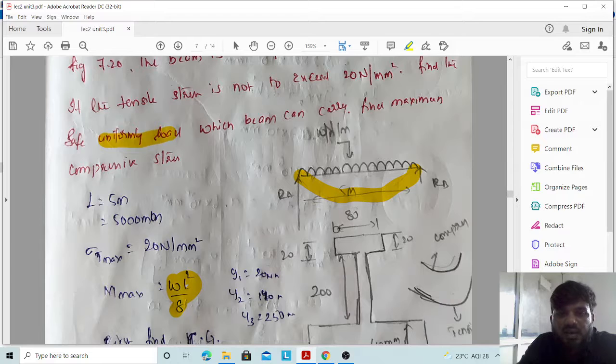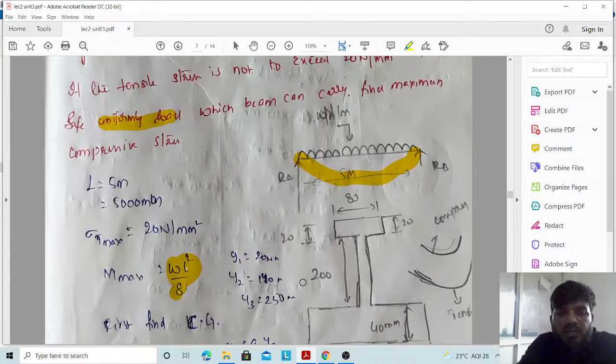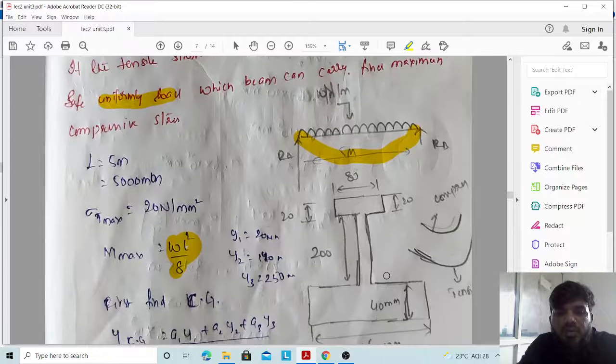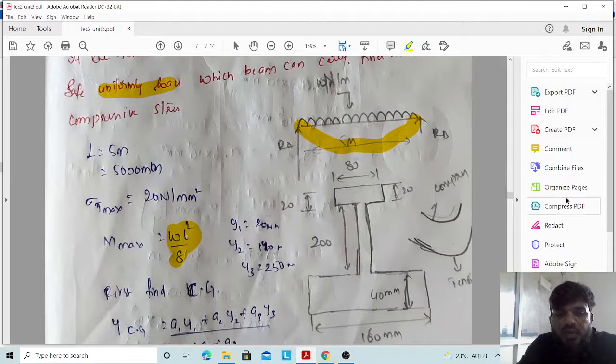Now, the section they have given is an I section, with dimensions given: the top flange is 80 by 20, the web is 220, and the lower flange is 440 by 160. We have discussed this already.